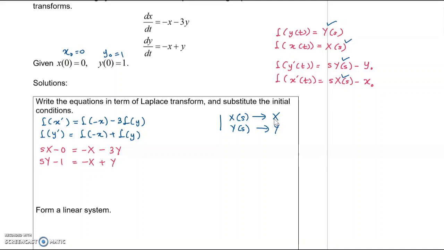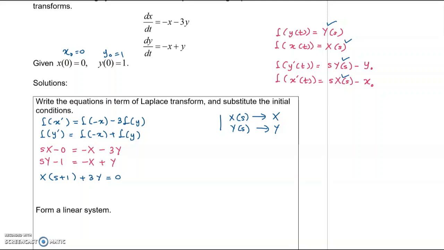Now rearrange the equation so that the terms with x and y are on the left hand side, and terms without x and y are on the right hand side, because our intention is to apply Cramer's rule after this. From the first equation, we factor out the x, and in the bracket we have s plus 1, plus 3y, and the right hand side is 0.